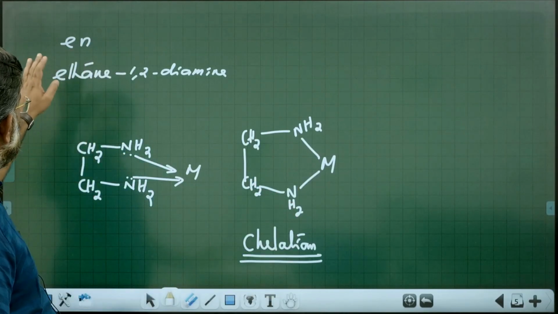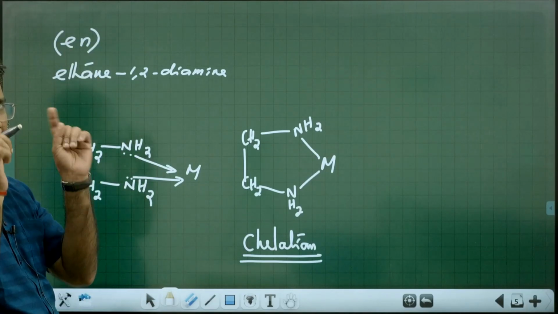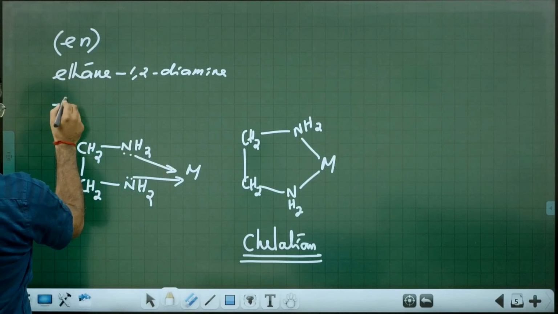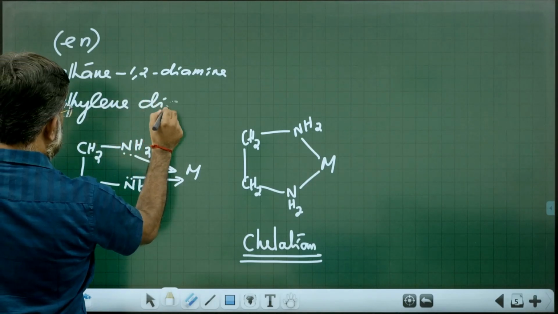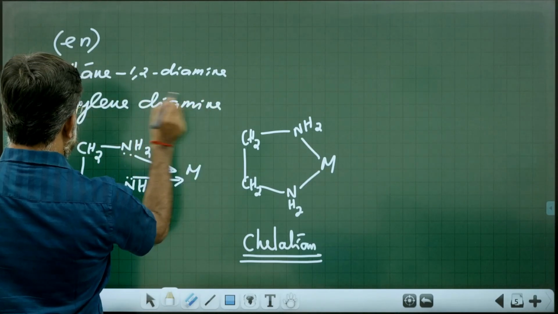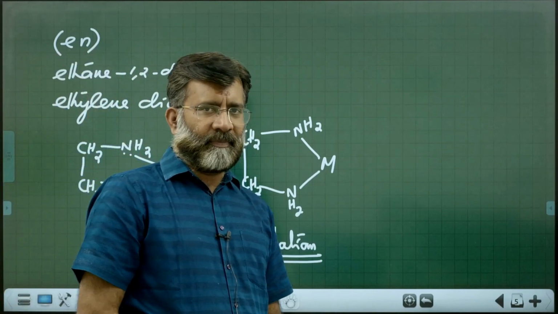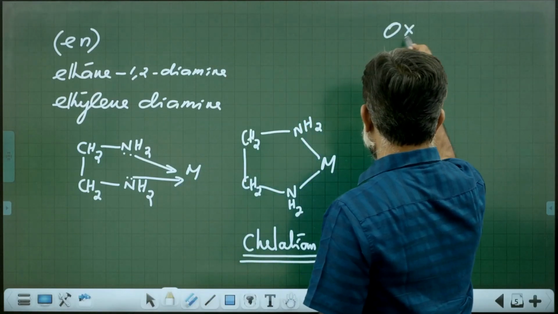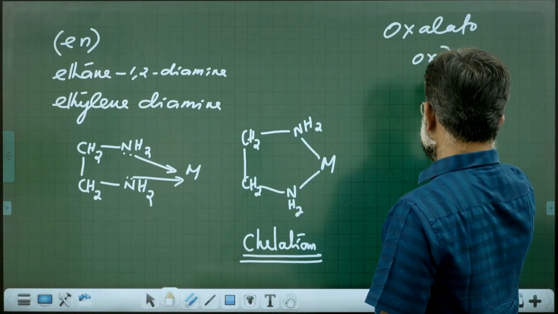That is EN. It is abbreviated as EN. Normally we put it within brackets. It is ethane 1,2-diamine, or common name ethylene diamine, abbreviated EN. Now there is oxalato, abbreviated as OX.